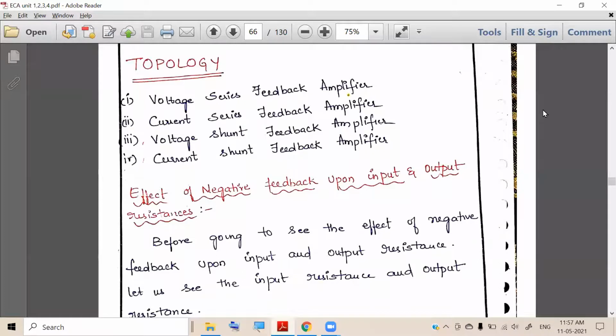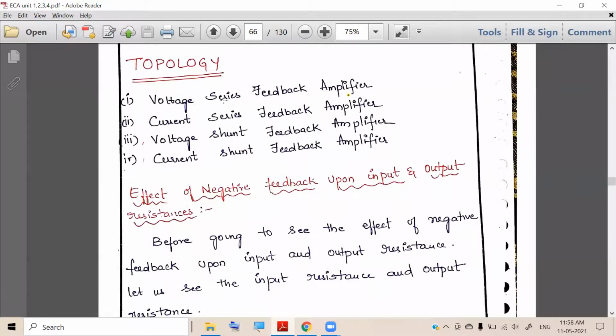This is important. If you understand that, then you can easily understand all the 4 topologies. Parallel, sir. Very good. Voltmeter we always connect in parallel.